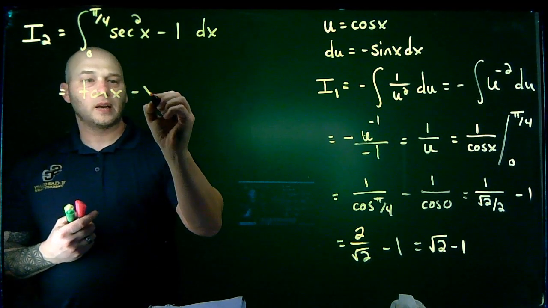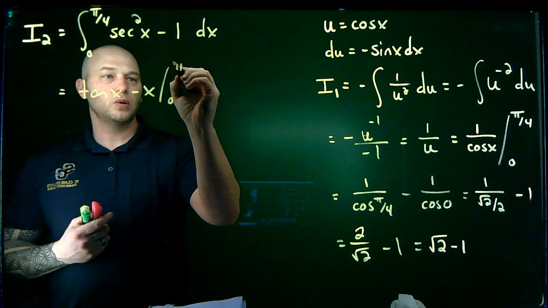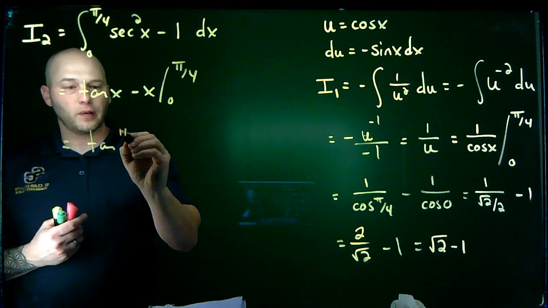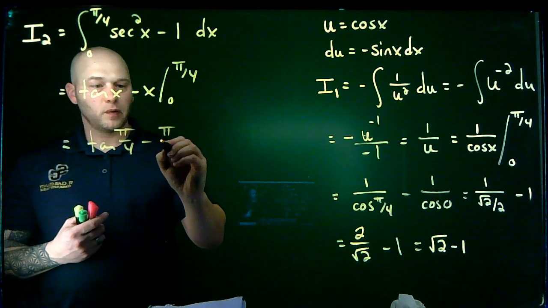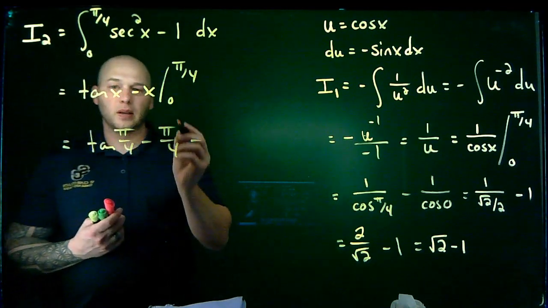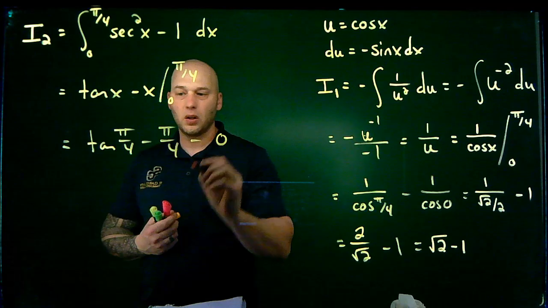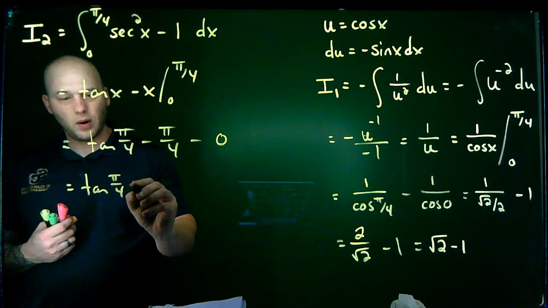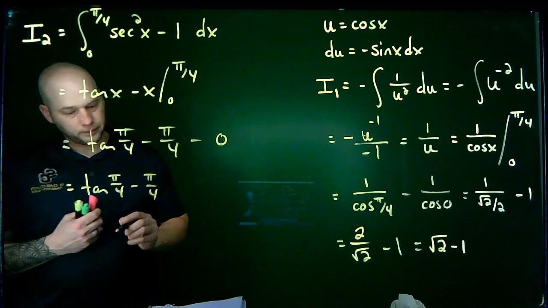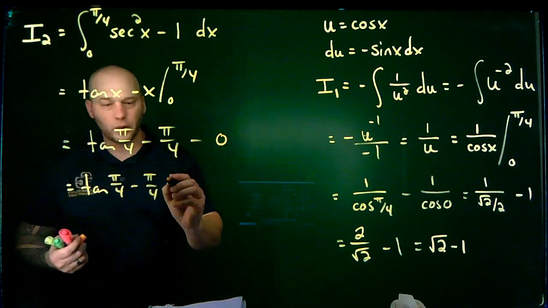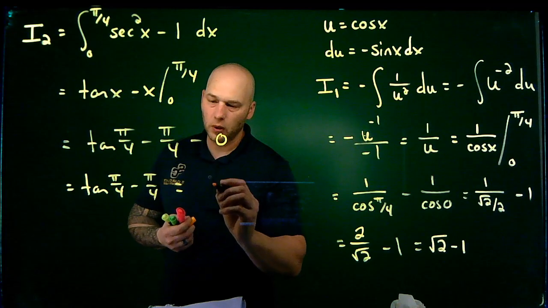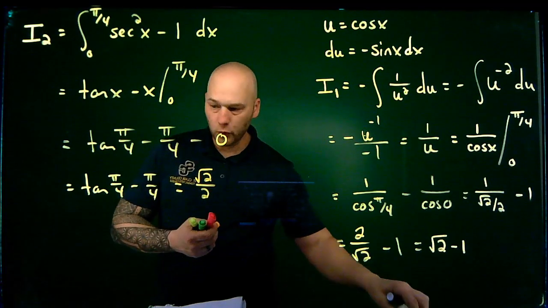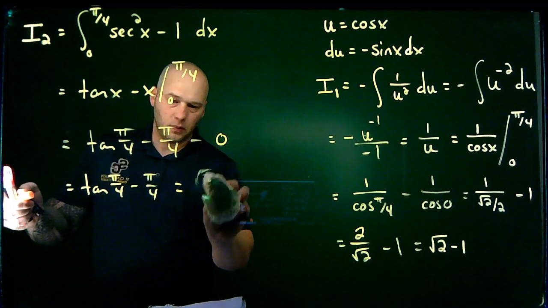Antiderivative of negative 1 would be negative x. Evaluate from 0 to pi over 4. Plug in pi over 4, I get tangent of pi over 4 minus pi over 4. Minus, of course, if I plug in 0, I get 0 minus 0, or 0. So therefore, I get tangent of pi over 4 minus pi over 4. And then, of course, tangent of pi over 4 is 1.